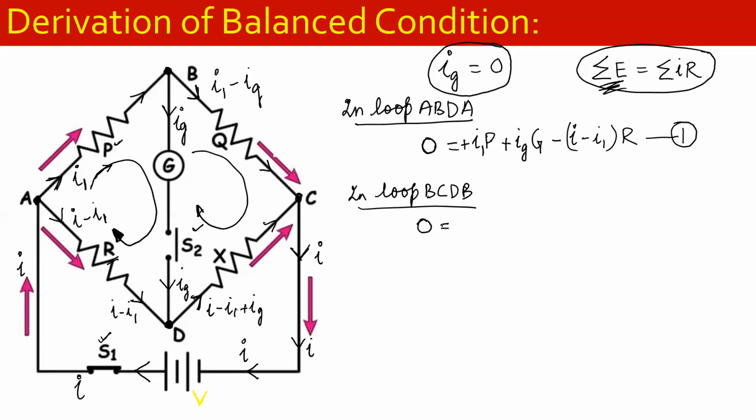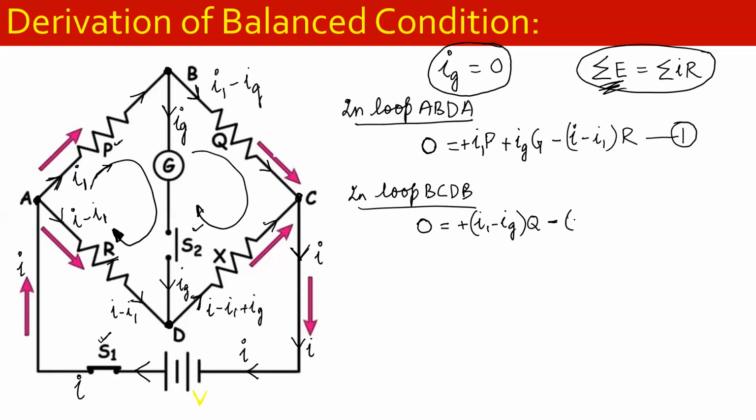This will be equal to, in branch BC, the direction of current is same as the direction of assumed loop, so the potential difference will be taken as positive, that is I1 minus Ig into Q. In CD branch, the direction of assumed loop and the direction through KCL is exactly opposite, so it will be taken as negative, and the current flowing through X is I minus I1 plus Ig.